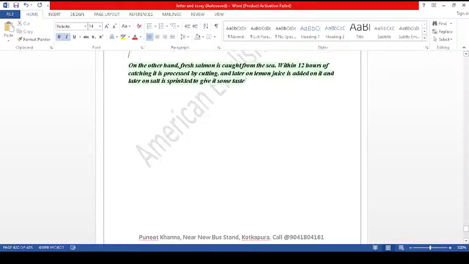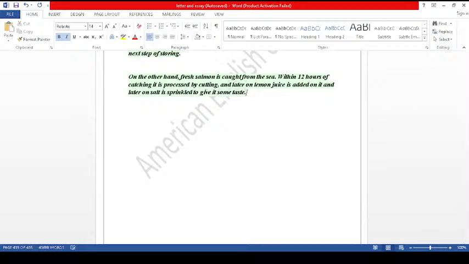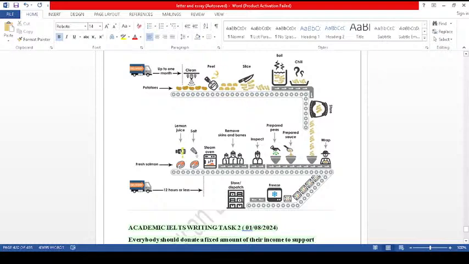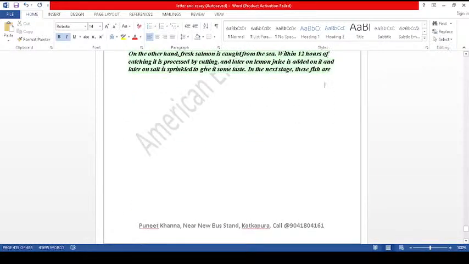Then in the following step, or you can say in the next stage, sorry, in the next stage, these fish are steamed in an oven and later on its bones and skin are removed.